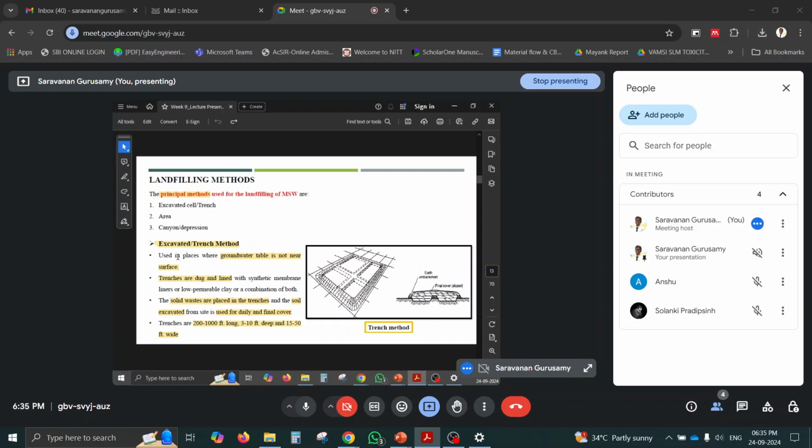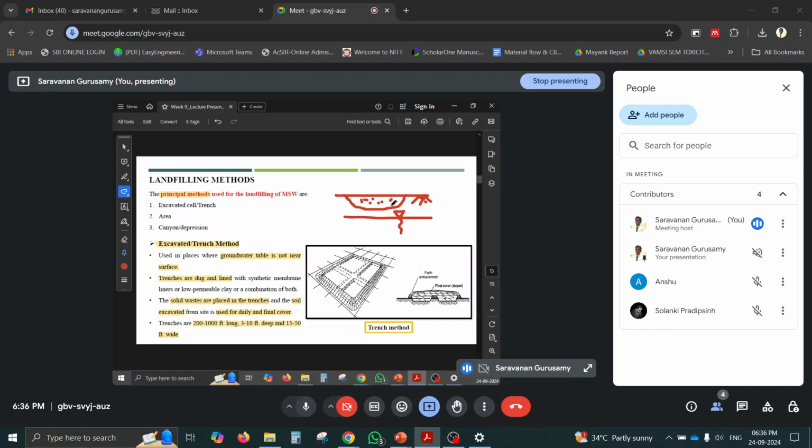I'll draw it. So if you have the ground area, this is the available ground you are having, the ground level, and the water table level is here. So I am going to dispose the solid waste here. I can excavate the land up to here, and I can fill the solid waste.